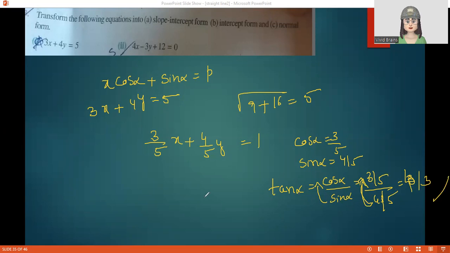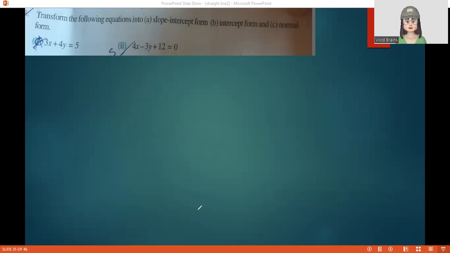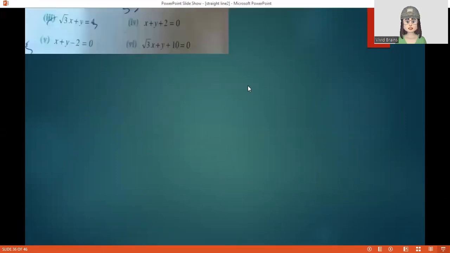So x cos alpha plus y sin alpha is equal to 1. Let us move to the next question. These are also done in the same way: slope intercept form, normal form.